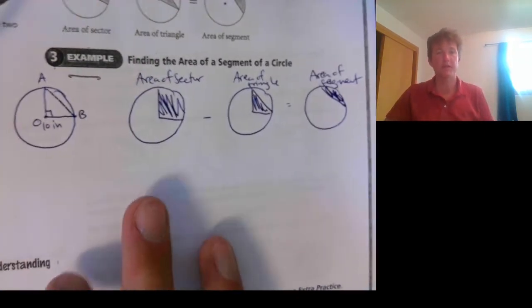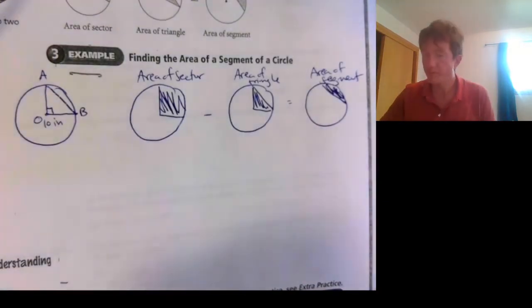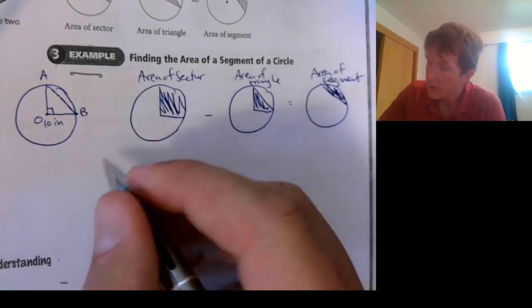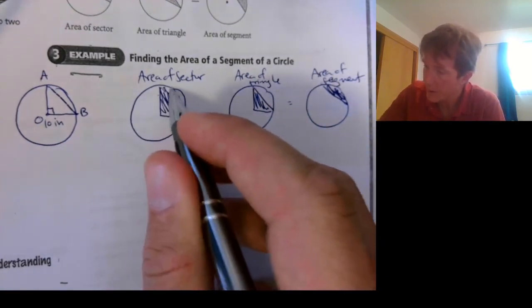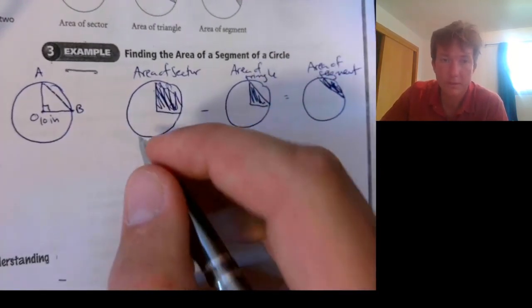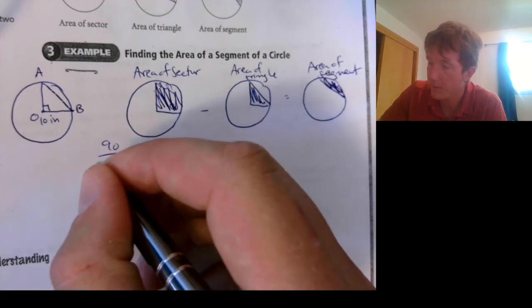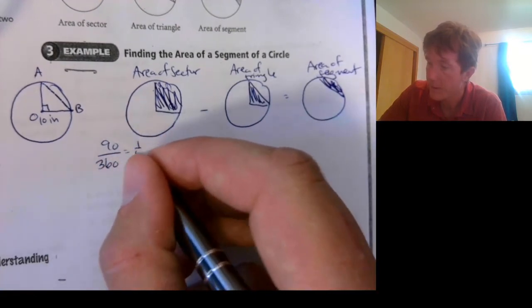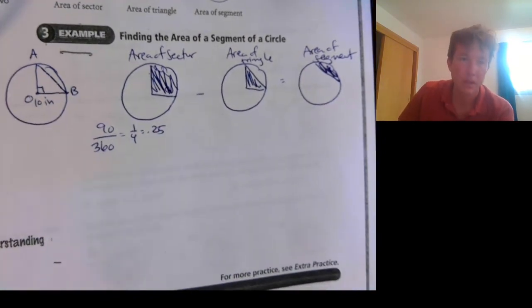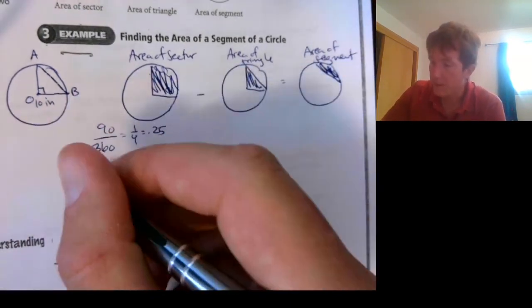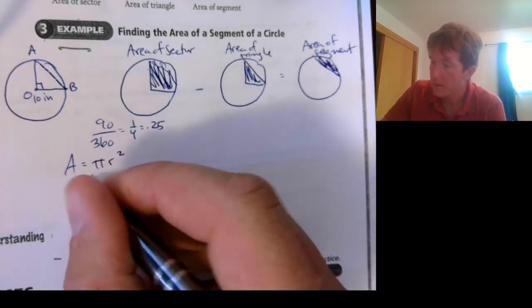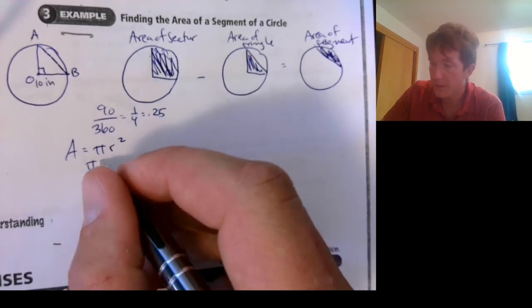Okay, so the area of the sector first, let's go ahead and do that first. This is a right angle, so this sector here is a fourth of the entire circle. Okay, so I'm going to do 90 divided by 360, that's a fourth, or 0.25, 25% of my circle. The entire circle is pi r squared, so that's going to be pi times 10 squared, that's 100.